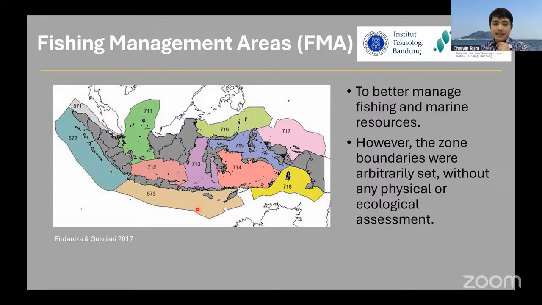However, this is determined by the Ministry of Fisheries of Indonesia, but when they put these segments or zones, when they put the lines, for example, between 712 and 711, the line bordering them, it's arbitrarily set.